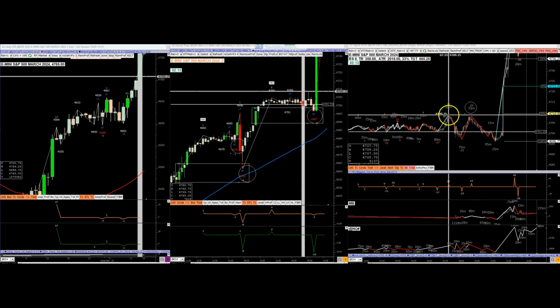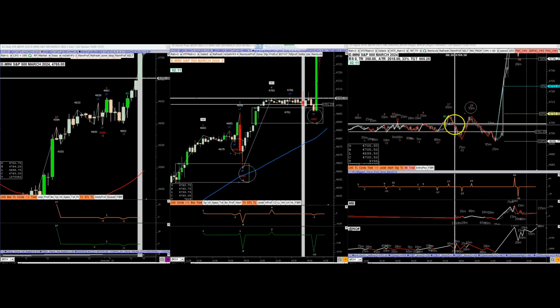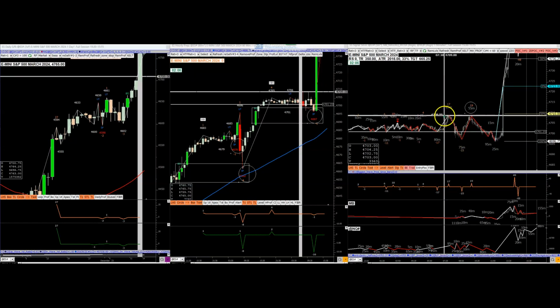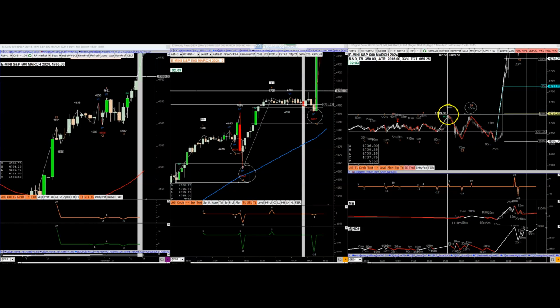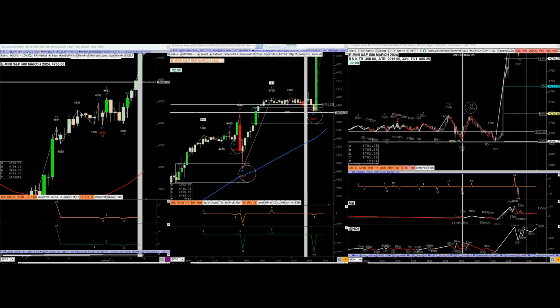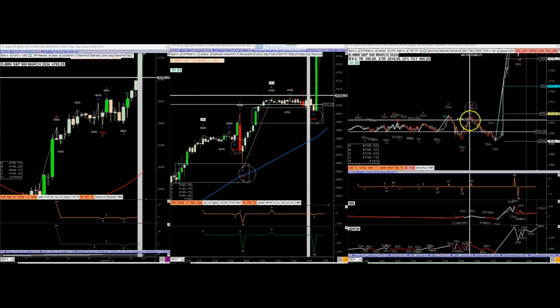Supply punches the boxer out of the ring, meaning below the low, below the trading range. When supply punches demand out of the ring, you do not expect the boxer to come back with renewed vigor.